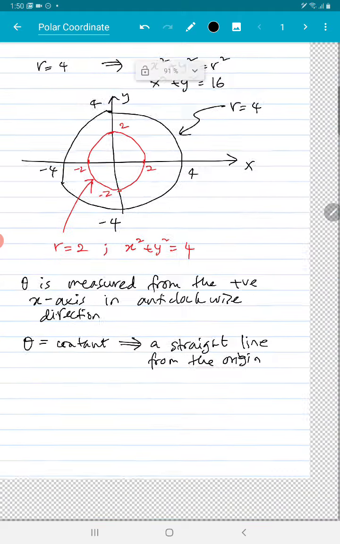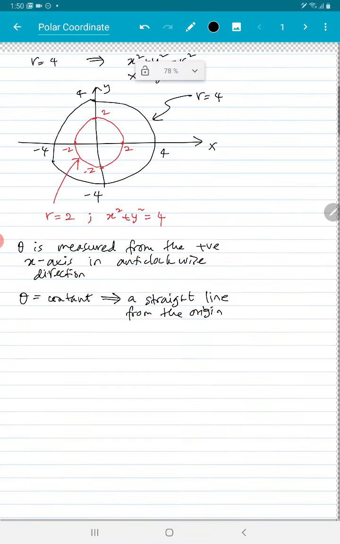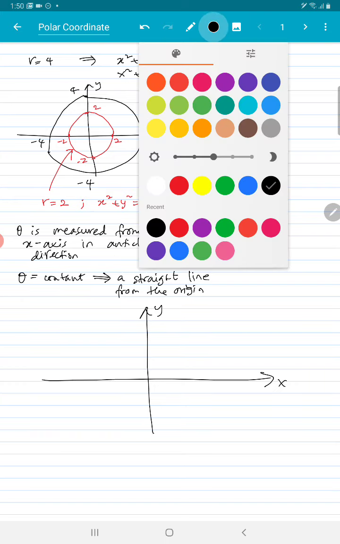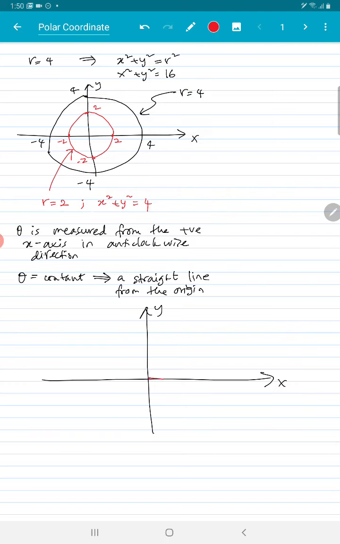Okay, so for example, keep in mind that theta is measured from positive x-axis in anti-clockwise direction. Let's say here we have the xy plane. So on the positive x-axis, we don't have any angle there, so another name for that is theta equals 0.